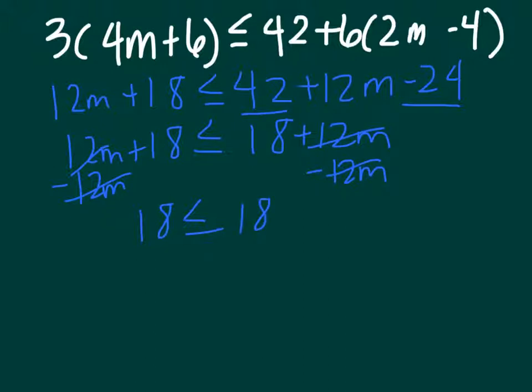Well, 18 is not less than 18, but this one also says that it can also be equal to. So since it can also be equal to, then I say, yes, that is true. And so this is all real numbers, or all solutions, or infinite solutions, or many solutions, anything you put like that.